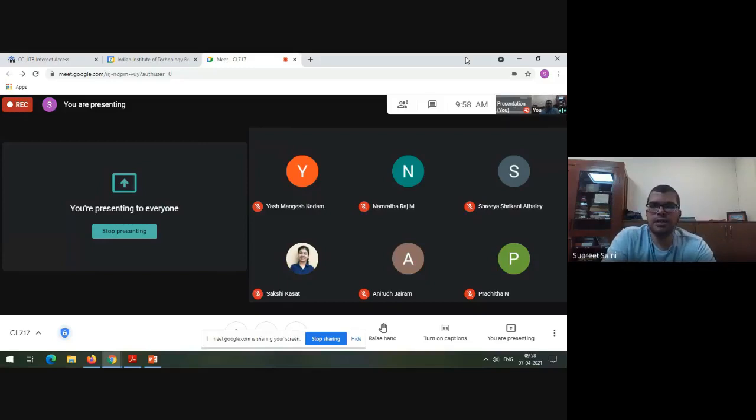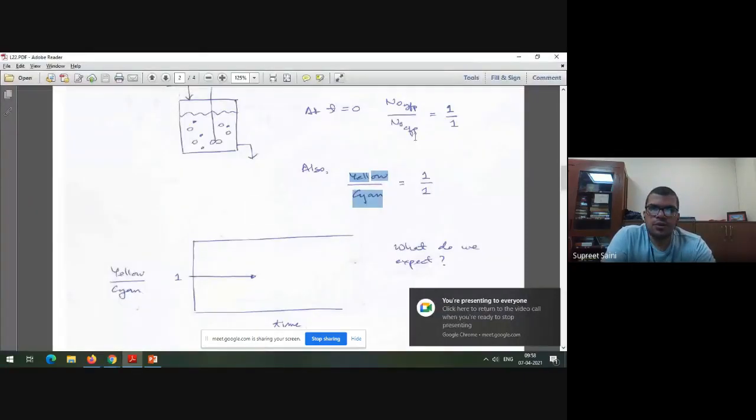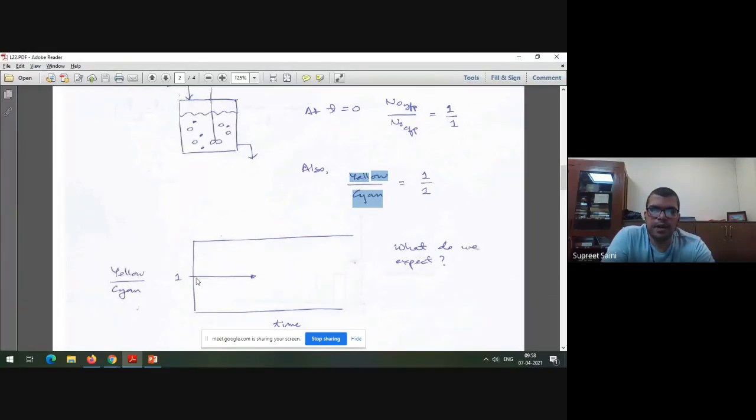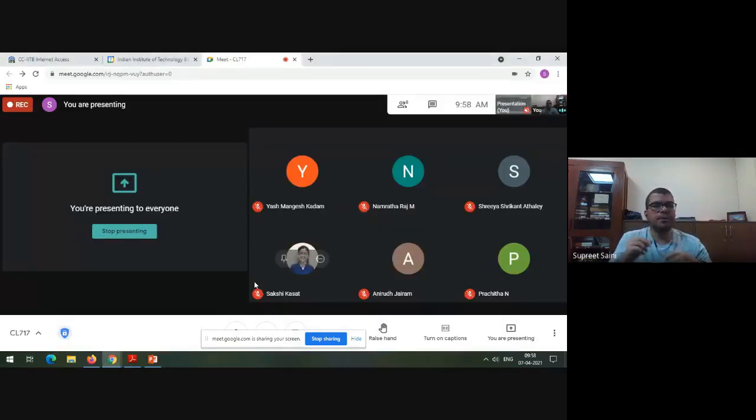So it's not as if the yellow producing bacteria are less fit than the cyan producing bacteria. The cost associated with that production is the same. Most of these proteins are not very large. So I'm going to monitor the ratio of yellow to cyan with time, and obviously it starts with 1. Now tell me, what do you expect will happen?